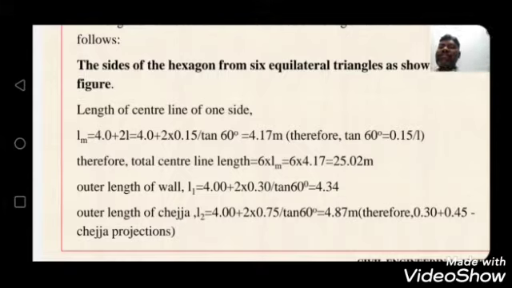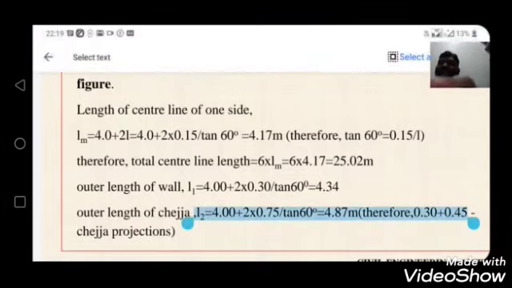Therefore, total center line length is equal to 6 into L mean, 6 into 4.17 is equal to 25.02 meter. Outer length of wall L1 is equal to 4 plus 2 into 0.3 divided by tan 60 degree, it is around 4.34 meters.